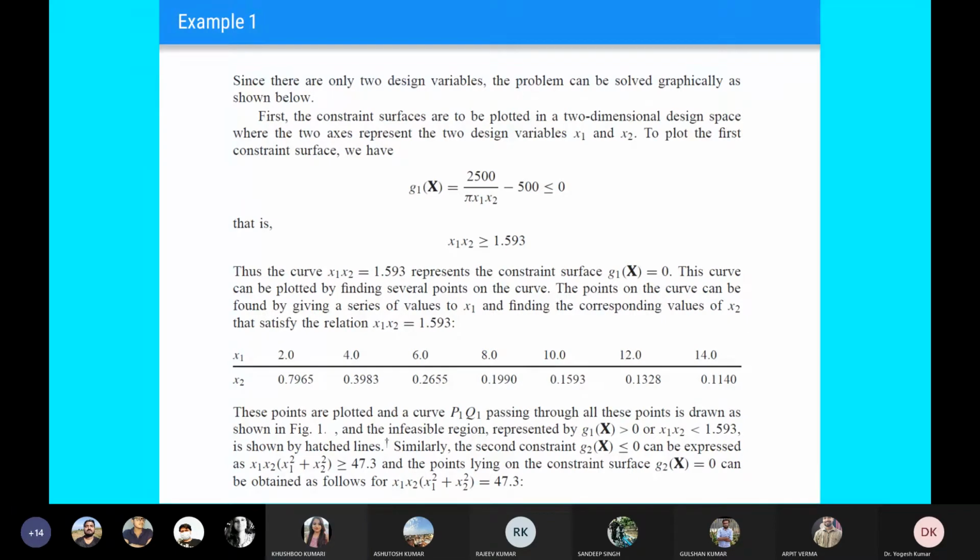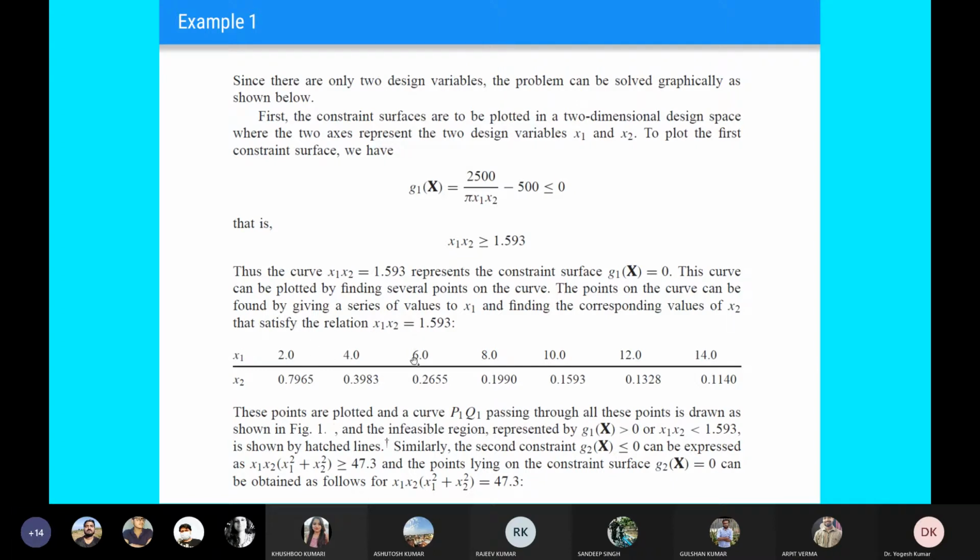You know, for plotting a curve using a computer or on a graph paper, you have to find out certain points. If you are plotting on graph paper, you will mark these points. Suppose x1 was varying from 2 to 14.